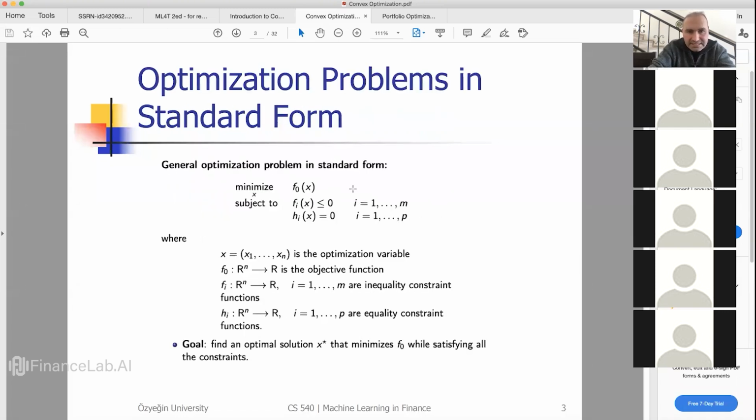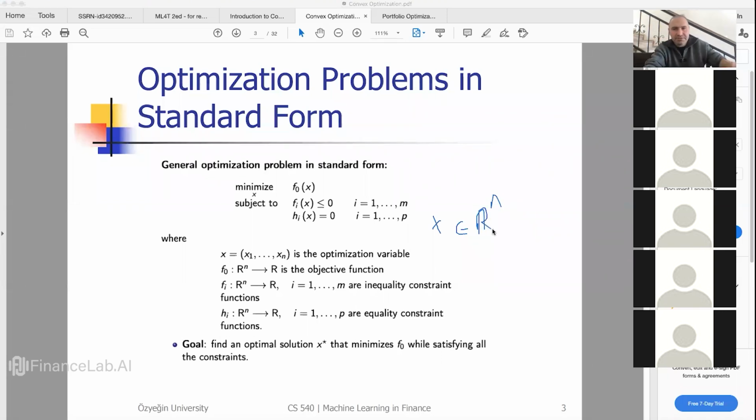So given x in Rn, let's assume that x is in Rn, the n-dimensional space of real numbers. In this case, only a subset of these x values will be feasible, and the optimal solution will be among these feasible points.